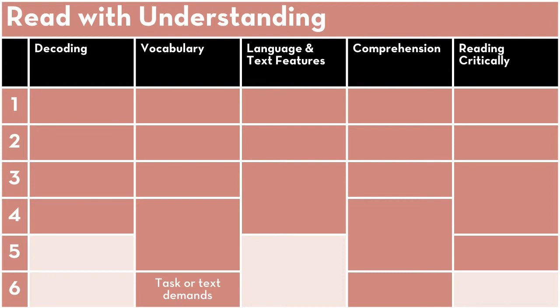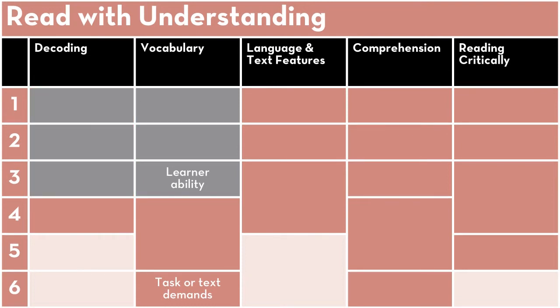You can see here I've mapped my task or my text if I'm working with a particular resource or a reading text. And what have I got here? It's a fairly demanding text, and I've mapped it roughly through at step 4, 5 and 6 is the highest demand for vocab and comprehension. Now I'm starting to get some information on where my learners are at, and I can go through and map my learner's ability in here as well.